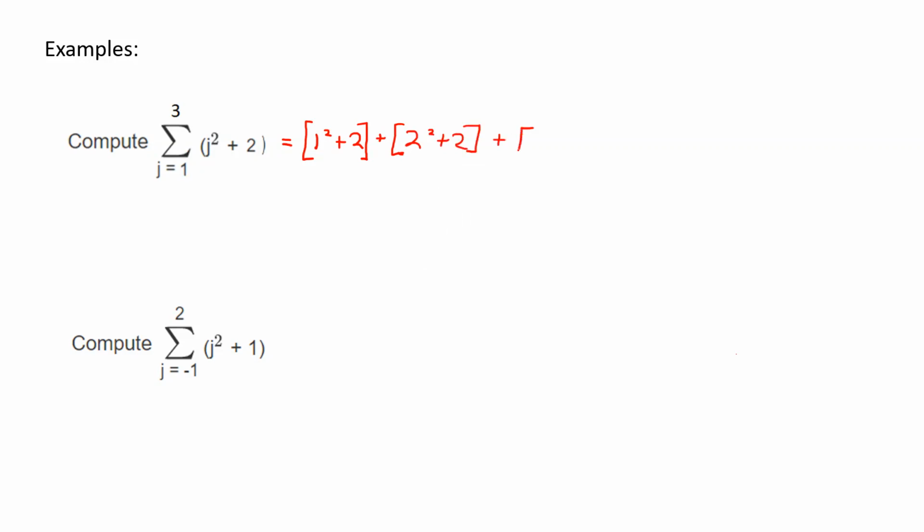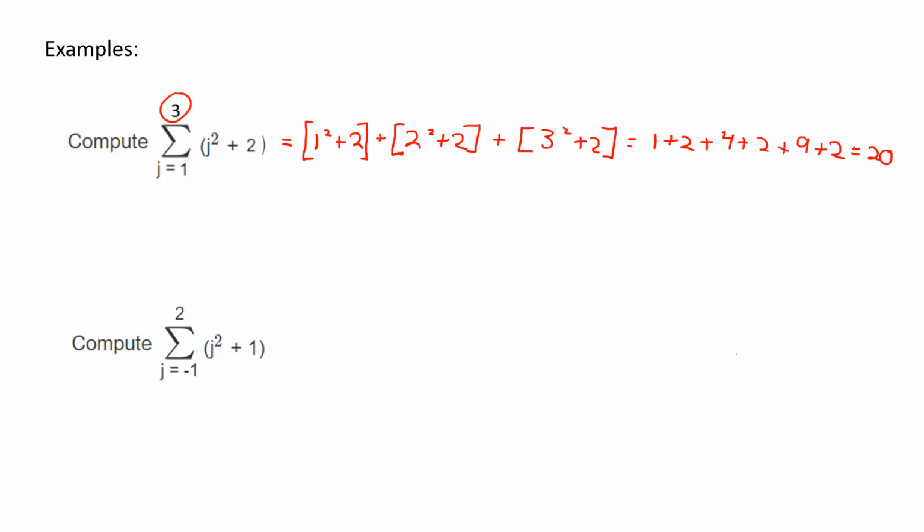And then plus, J goes up to 3, 3 squared plus 2. Okay, and that's where we stop. J just goes up to 3. So let's see what we have here. It's a 1 plus 2 plus 4 plus 2 plus 9 plus 2, and we end up with 20 if we added all of that together.